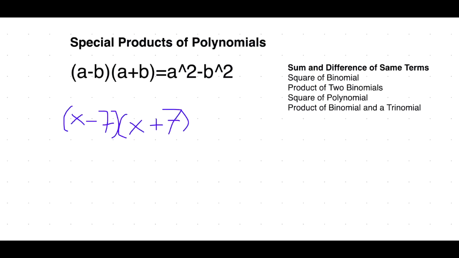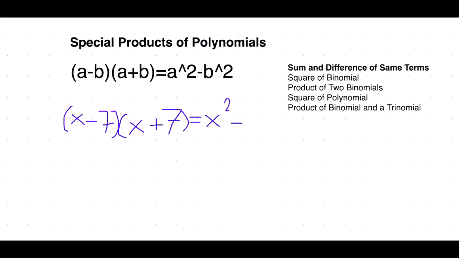So based on the special product of sum and difference of the same terms, because in our example, our x is our a from the explanation, and our 7 is our b from the explanation, we can confidently say that the product of x minus 7 and x plus 7 will be x squared minus 7 squared.